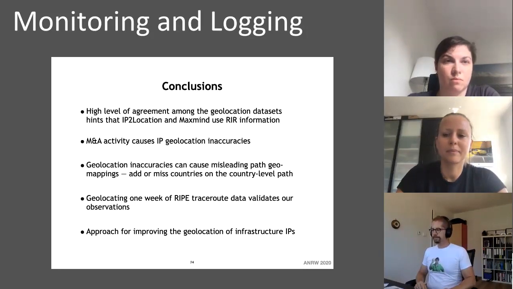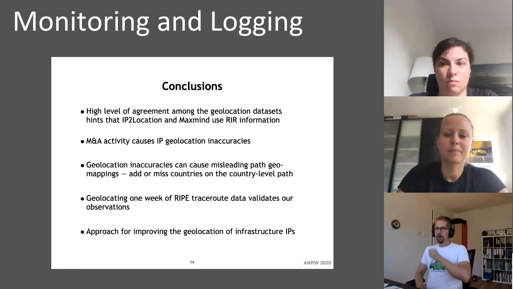In this work, we investigated the accuracy of existing geolocation datasets in geolocating end-to-end IP paths. Our analysis shows that popular geolocation services appear to heavily rely on data from the Internet registries.